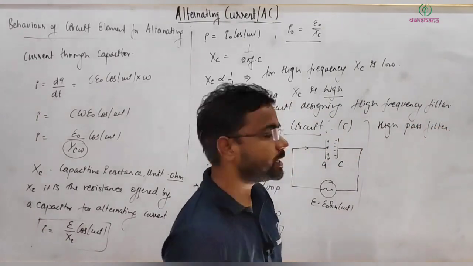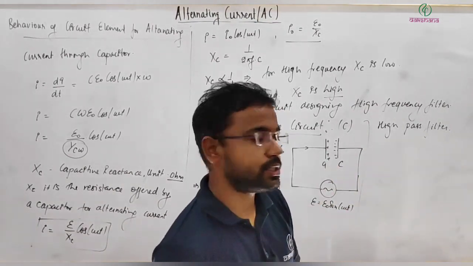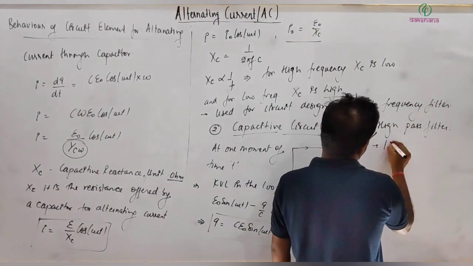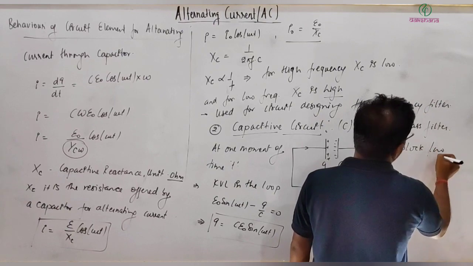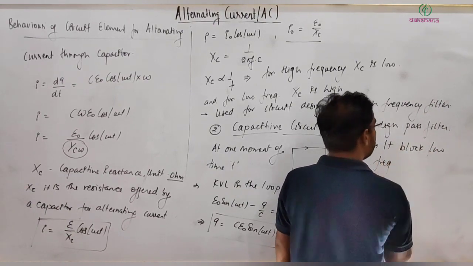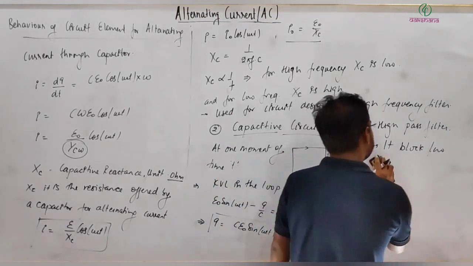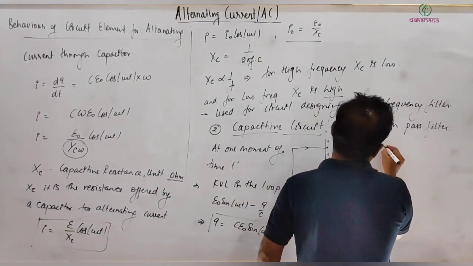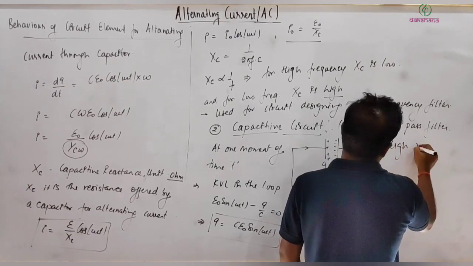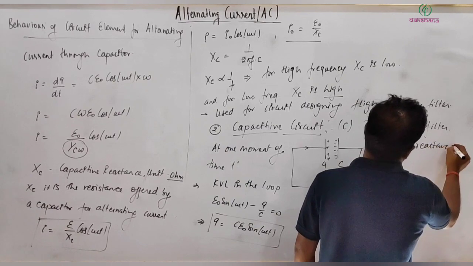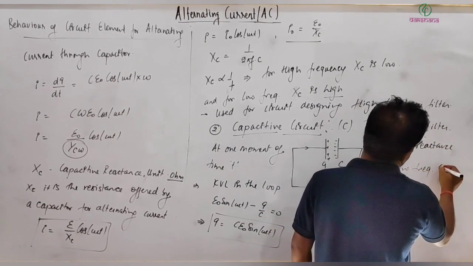So a capacitive circuit blocks low frequency current. Or I will say it's better to say it offers more resistance for low frequency current. High resistance, that we call reactance, for low frequency current.